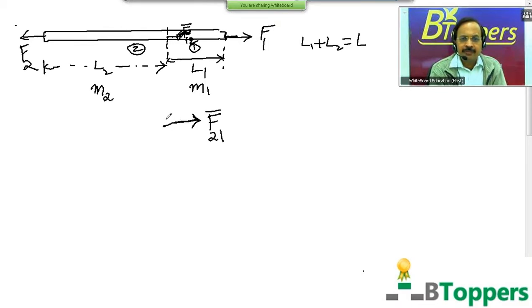According to Newton's third law, to every action there is always an equal and opposite reaction. Here the action is the force exerted on the second part of the rope by the first part of the rope. So the direction of the reaction will be opposite to the action.